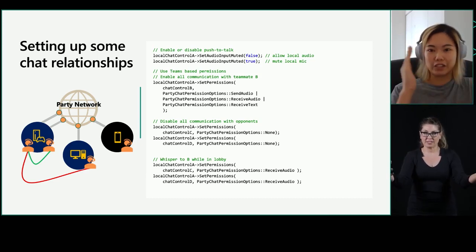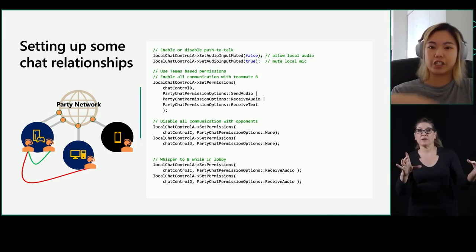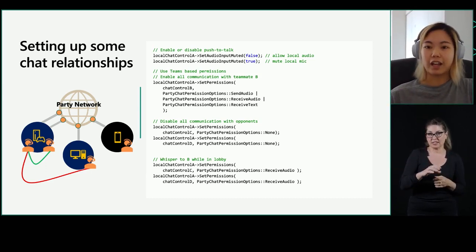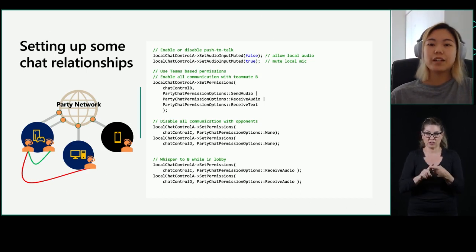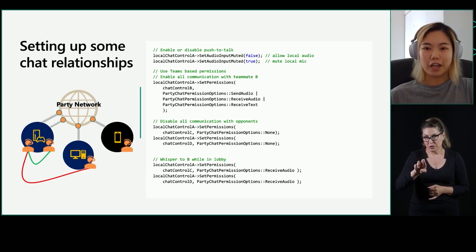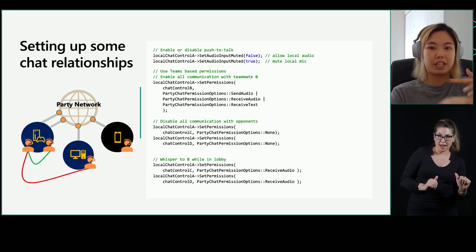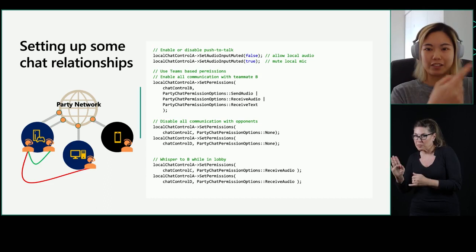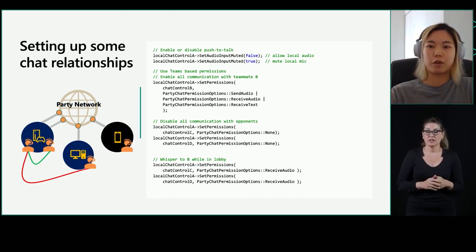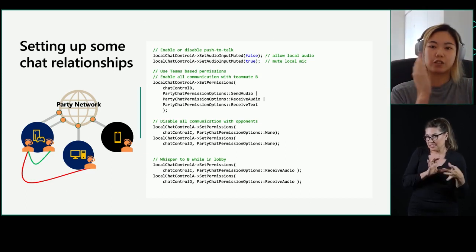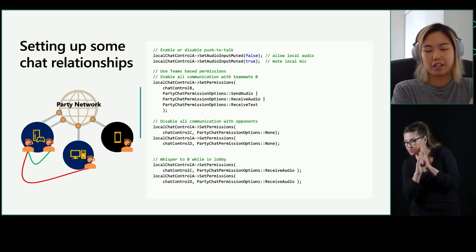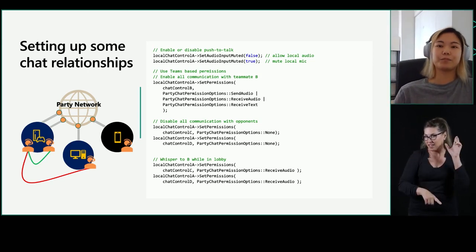We would just disable communication to C and D, chat control C, chat control D, and set everything to none. And last but not least, we have whisper, where A wants to whisper to B in the lobby. Say they're A, B, C, D, so it's a continuation of the previous scenarios. A would just simply disable communication to C and D, and this way A can just whisper to B and no one else can hear it.